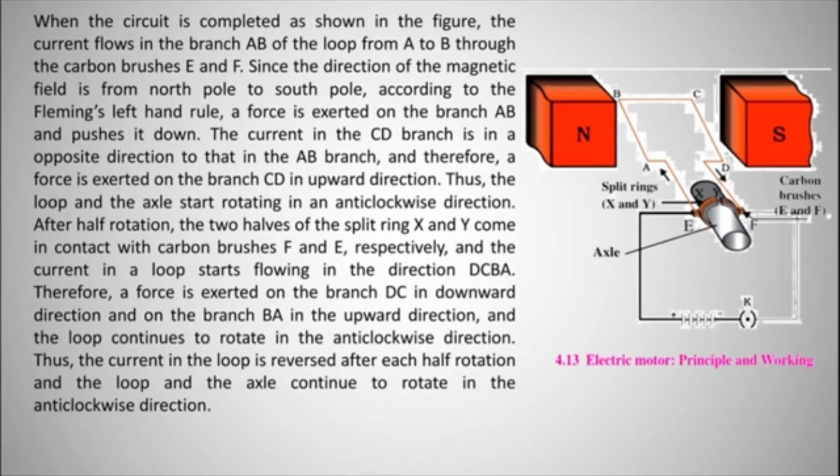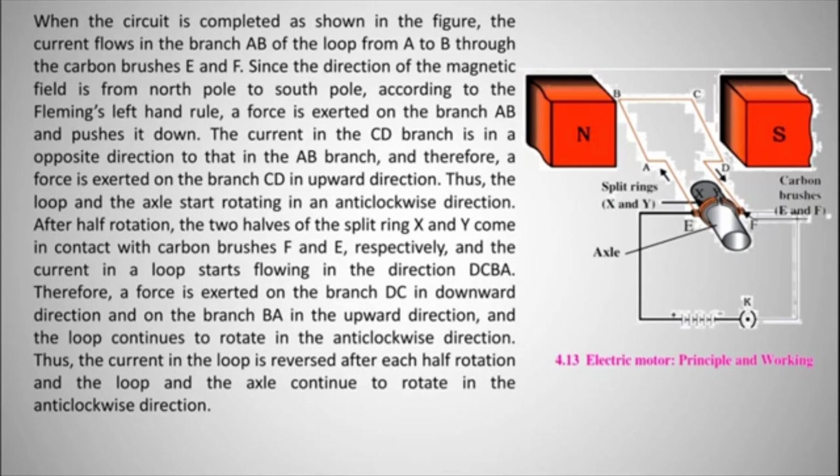Thus, the current in the loop is reversed after each half rotation, and the loop and the axle continue to rotate in anti-clockwise direction.